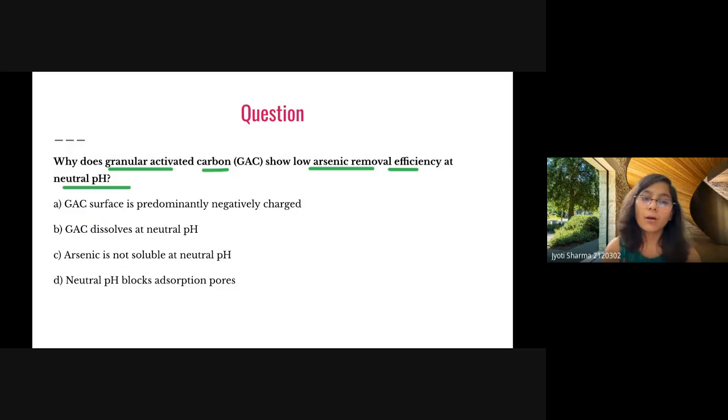Neutral pH blocks adsorption pores. So as I told you, whenever we have the adsorption process, most of the time people use GAC, that is granular activated carbon. But this activated carbon is not showing great efficiency for arsenic removal in the wastewater. So, but why? Why at the neutral pH?